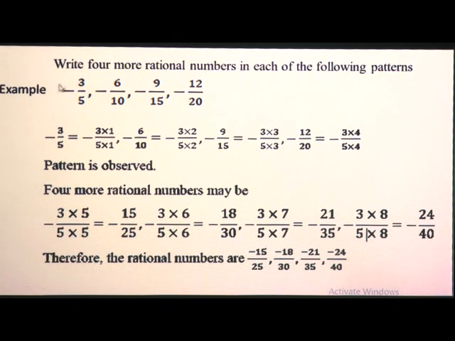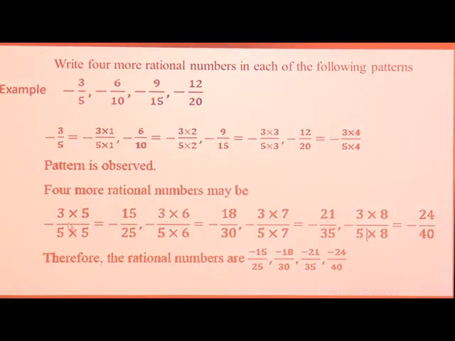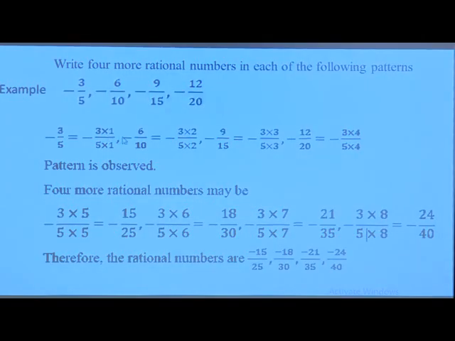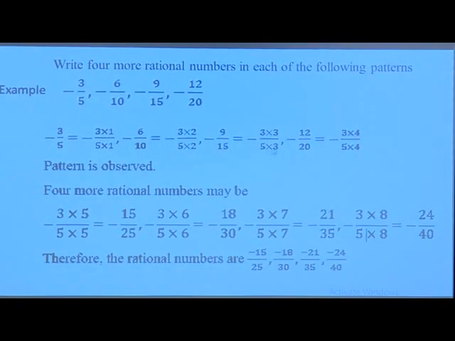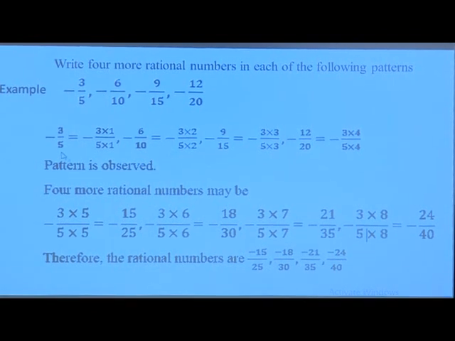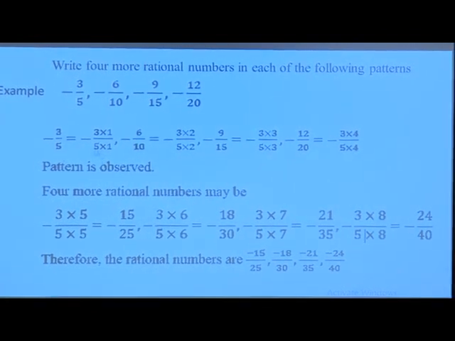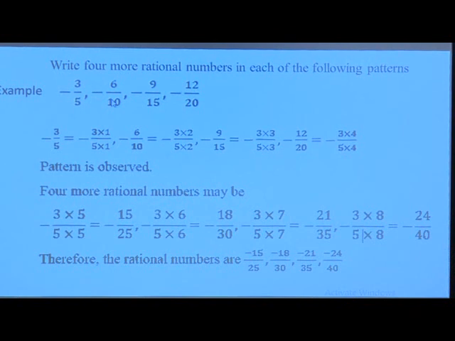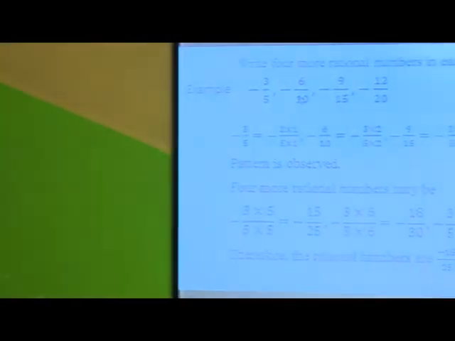We had done the 4 more rational numbers, then we found a rational number more than that. What had we done? We had done a multiplication, continuing with multiplication by 1, 2, 3, 4 and so on, and found the rational numbers, because the 4 more rational numbers were already given and we tried to find them in a pattern.